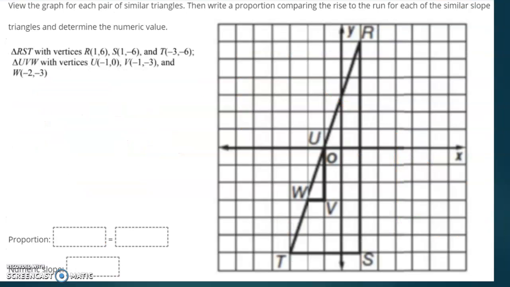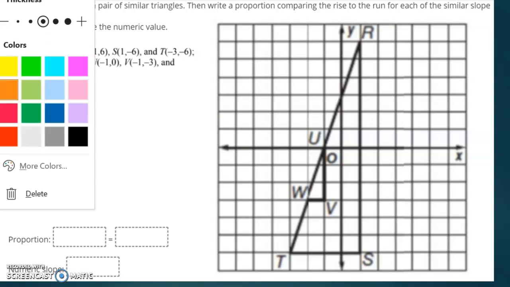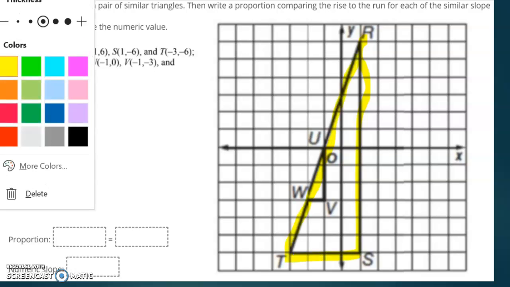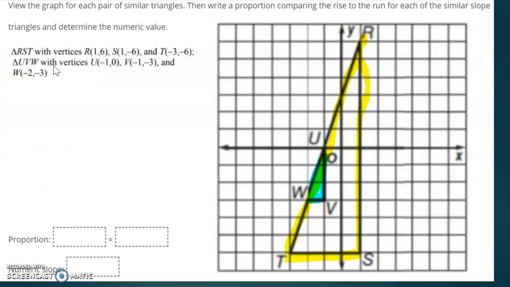The next set of triangles, it's the same instructions. There is a large triangle right here and a smaller triangle right here. Okay, so those are your two triangles.